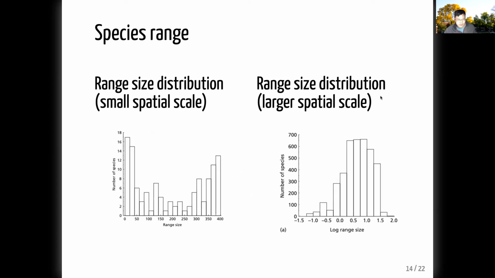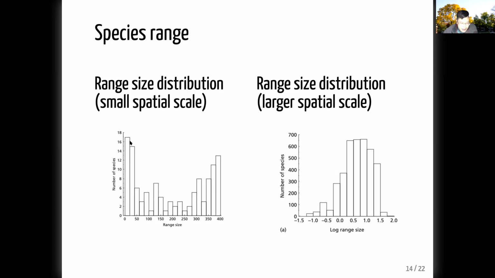Okay, now let's move on to talk about species range size. First, we'd be interested to know what the common range size distributions are. At a small spatial scale, a bimodal distribution is not uncommon. Bimodal means we have one peak at the lower range size end, and one peak at the higher range size end. The y-axis is the number of species.